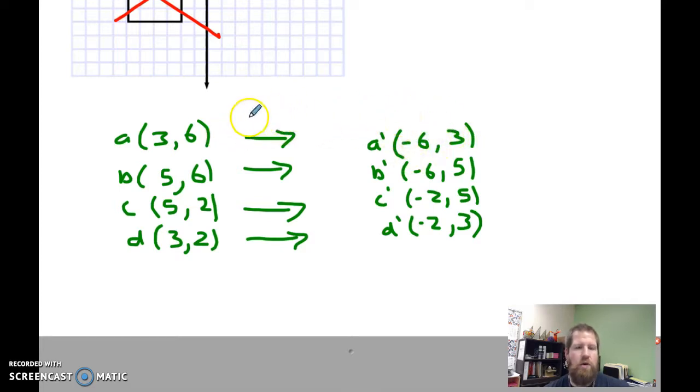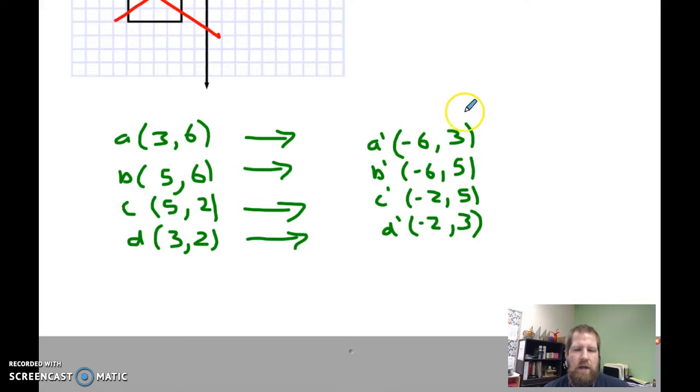Reflection only changes the sign. All right? When you have your values swapped and a sign changes, that is going to be a 90-degree rotation, either clockwise or counterclockwise.